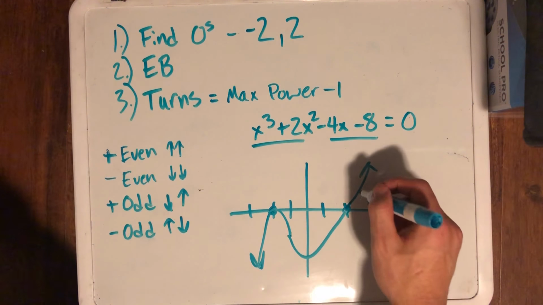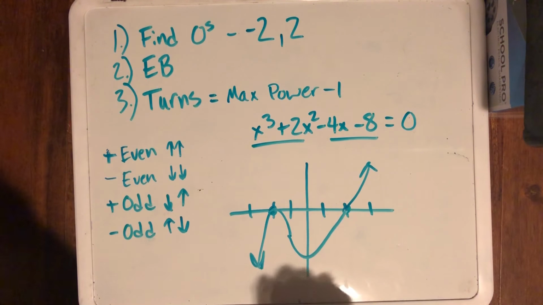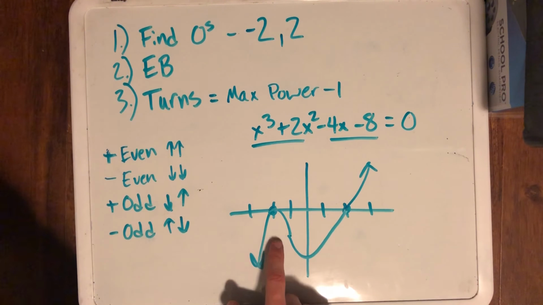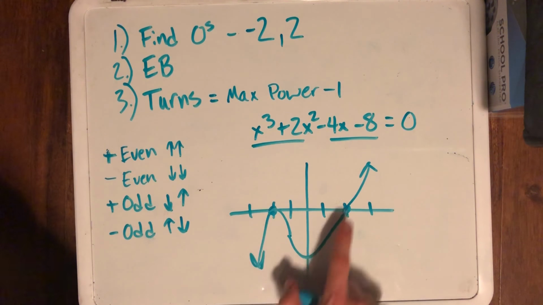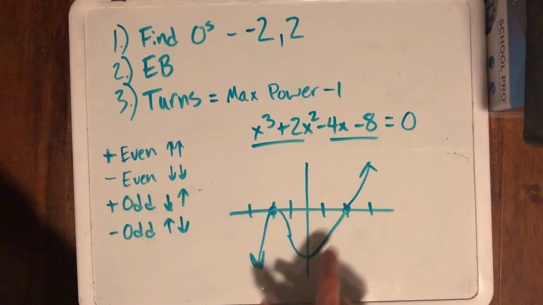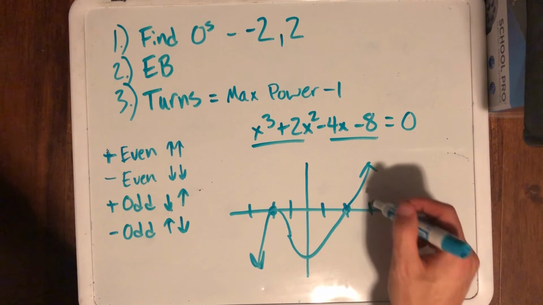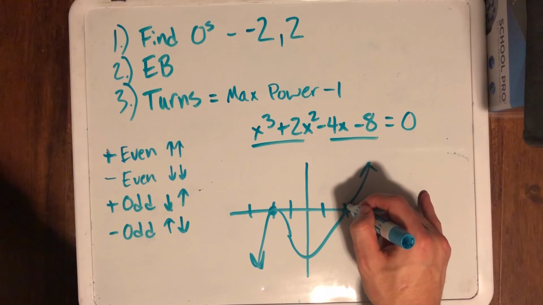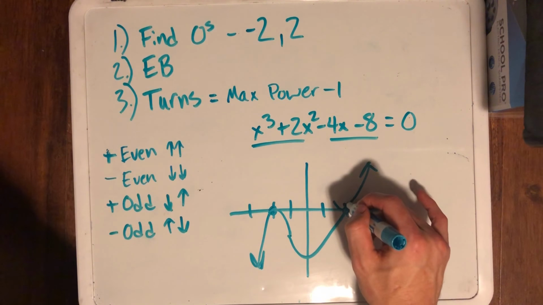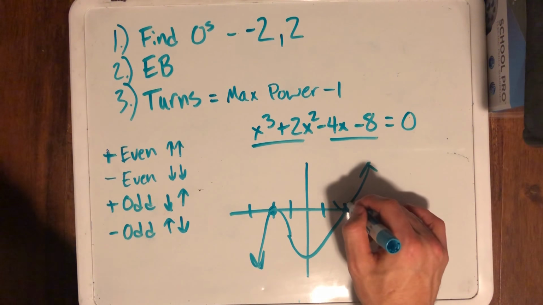And there are ways to become more accurate with your sketching and know exactly where it's going to do this and where it might not. But for our purposes, there are 2 options for your sketching here that would be acceptable. This is one. Here, let me draw it.